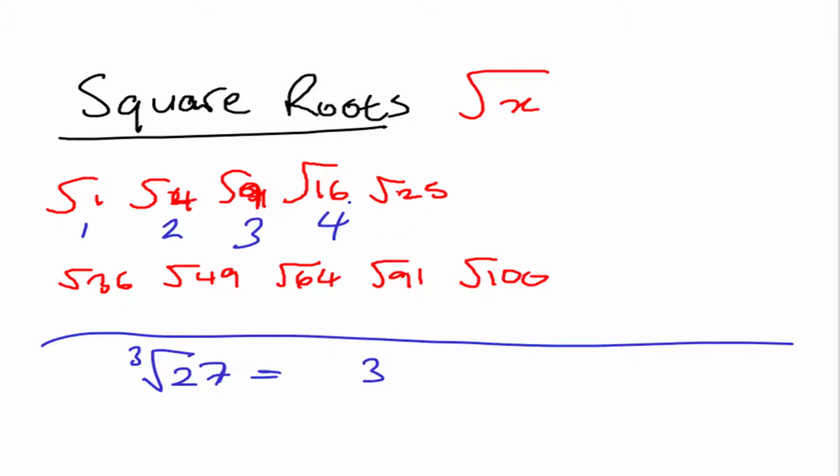So you got 4 times 4 is 16. 5, 6, 7, 8, 9, 10. So simply I must say, try to memorize some of the answers to the square roots and cube roots, maybe up to 10, maybe further on if you can, up to 15. So it'll be good for you when you answer questions, you can be a bit quick with it. So that's square root and cube root.